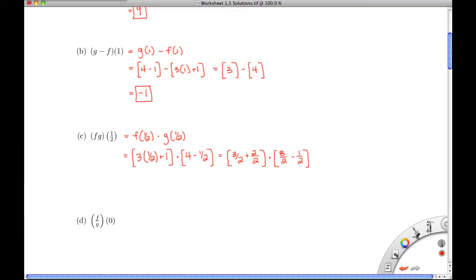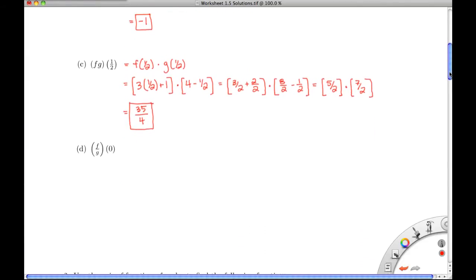Now we can do whatever simplification is necessary. 3/2 plus 2/2 gives us 5/2. And then 8/2 minus 1/2 gives us 7/2. When we multiply these two together, we end up with 35 divided by 4. And that would be our solution for part C.